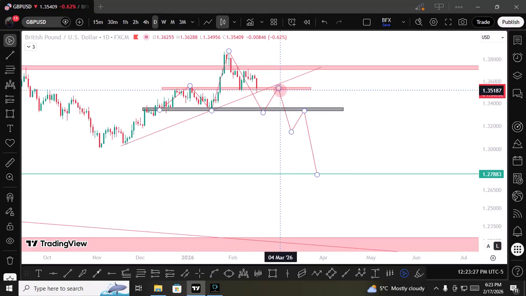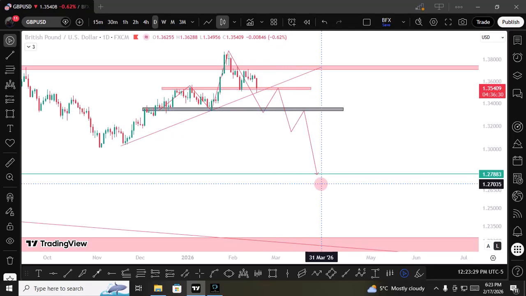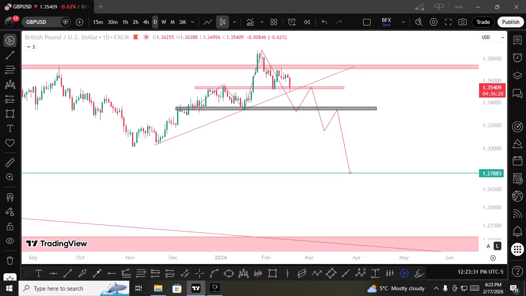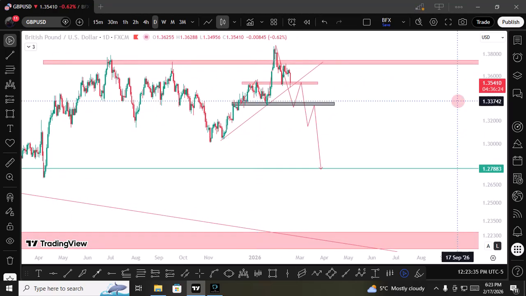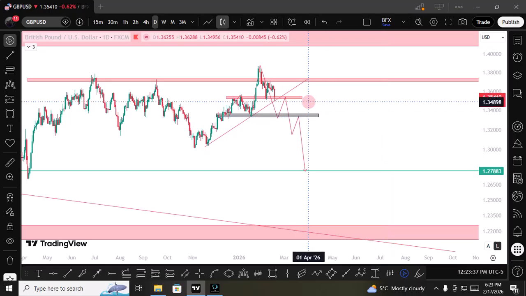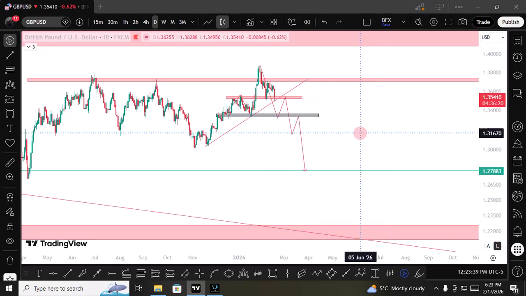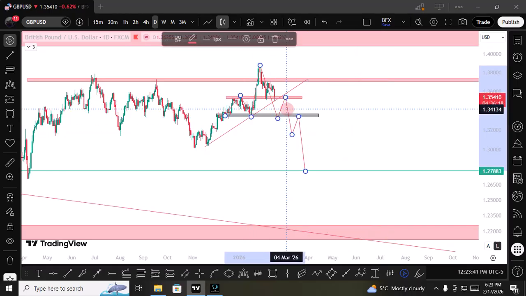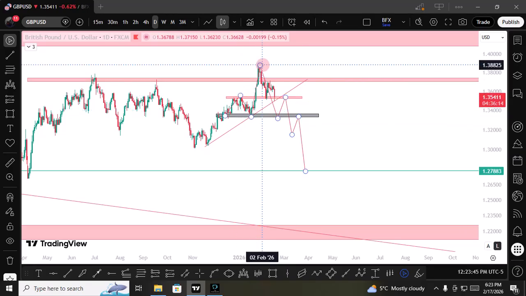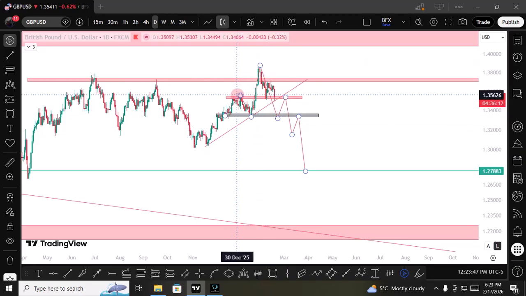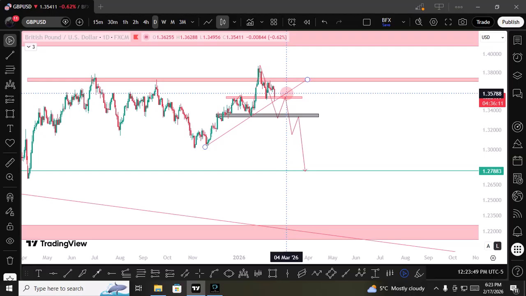So 1 position here, then 1 position here, then we'll wait for price to do its thing. So this is what I'm looking at. So you might see left shoulder, head, and right shoulder.